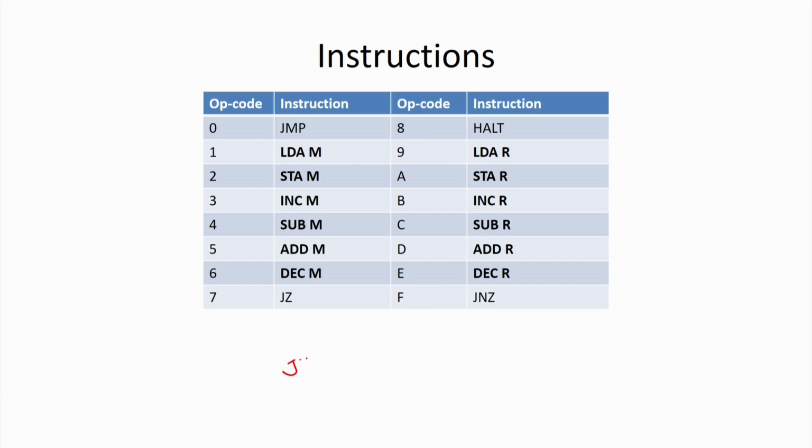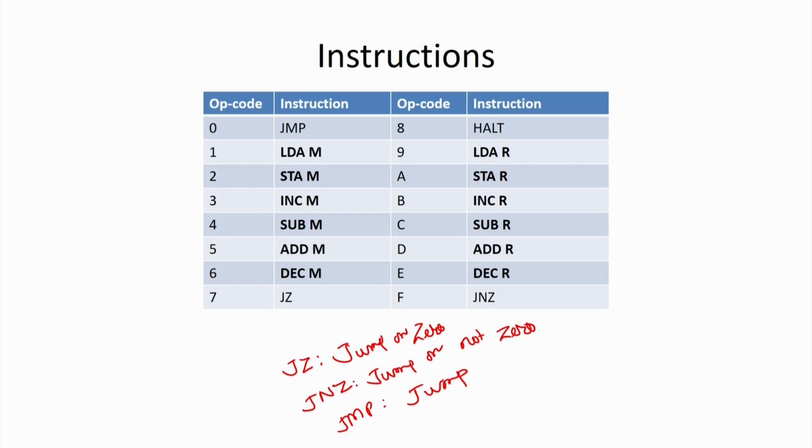JZ is your jump on 0, and JNZ is your jump on not 0, and JMP is your jump. So, these are the control instructions we are defining.